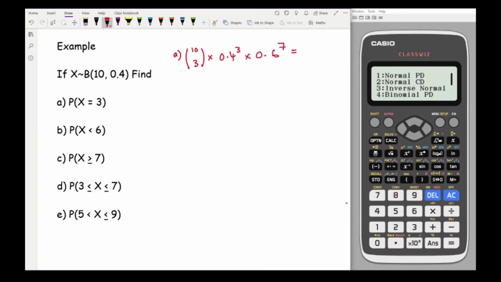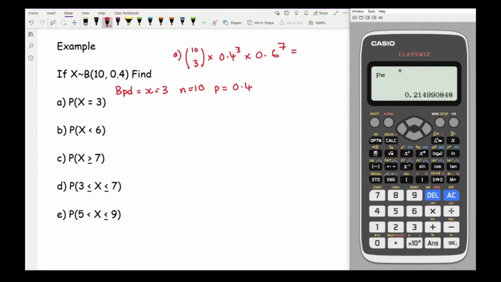Now to use your calculator in binomial mode, for this I'm wanting an exact value, so I'm going to select option 4. I'm just wanting the answer for this one, so I'm going to click variable and enter the values in. Here on my calculator in BP mode, it's x equals 3, n equals 10, and p equals 0.4.